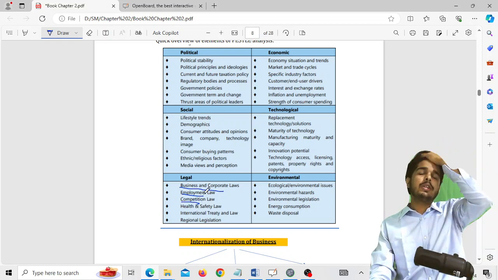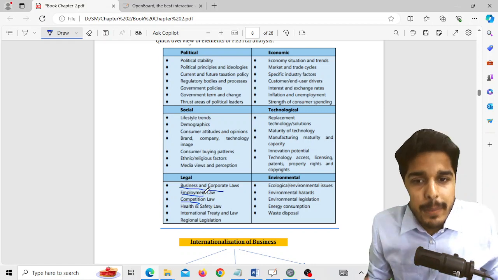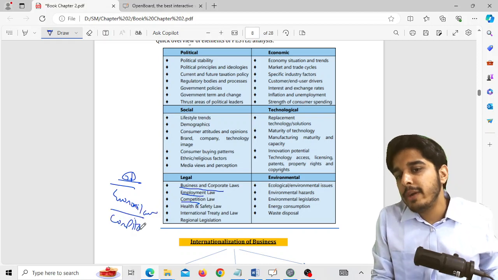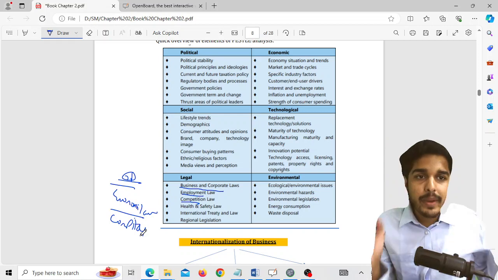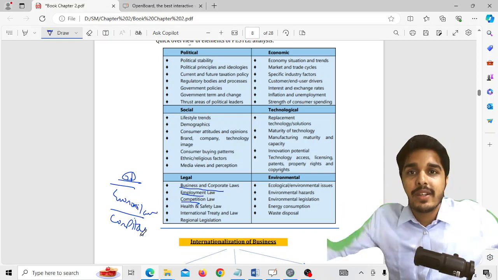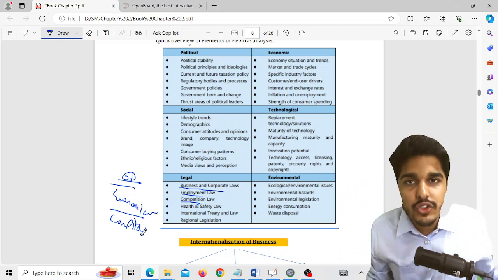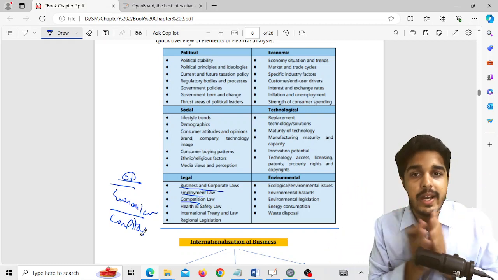What do we mean by competition law? Sir, in Paper 6D there was one subject, Economic Laws, and there was one chapter, Competition Law. It means whether you are not forming a cartel, that means all the competitors gathering together and exploiting the consumers as they create a monopoly.